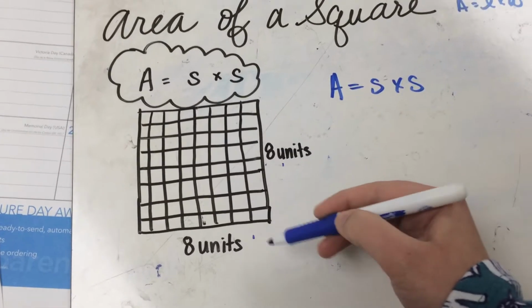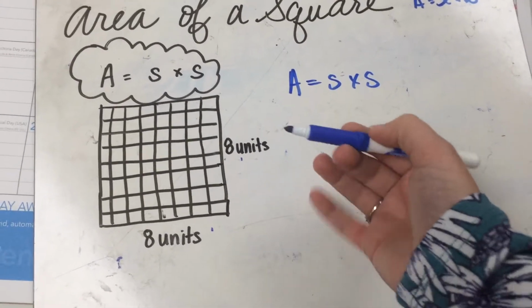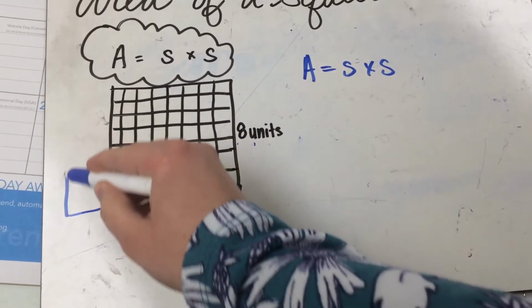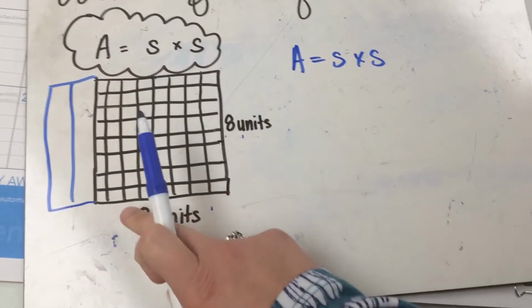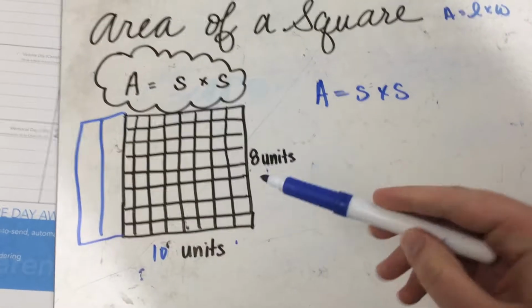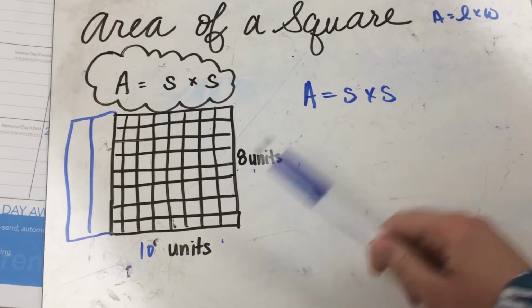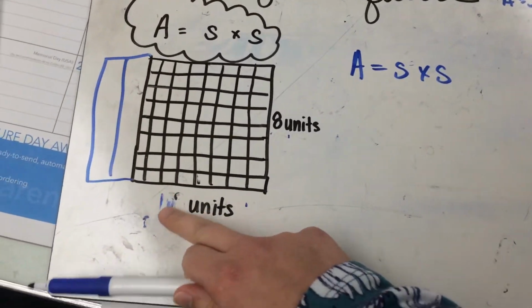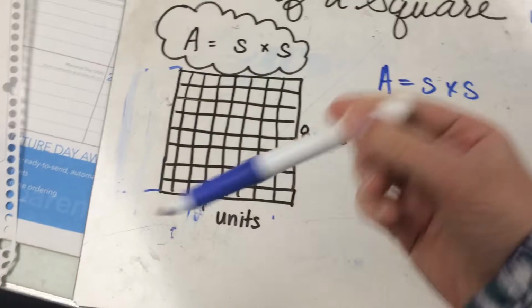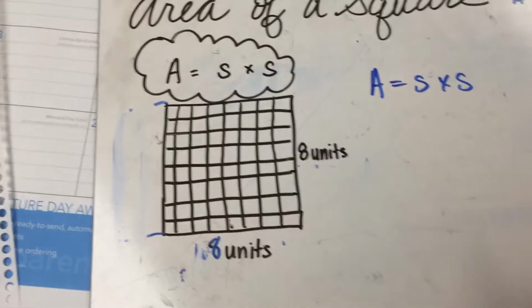It's really just doing what you do in the area of a rectangle, because remember, if the rectangle was like this and this was 10, you would do 10 times 8 to get your area. But since it's a square, we're still doing the same concept. There's just not two different numbers.